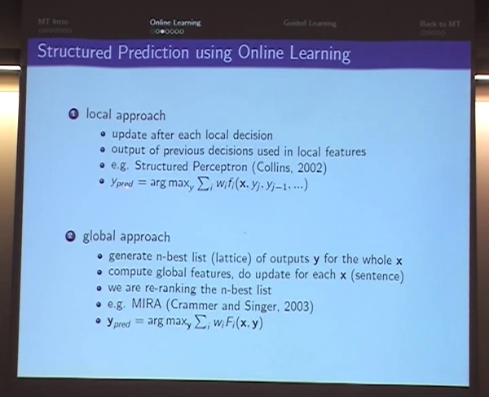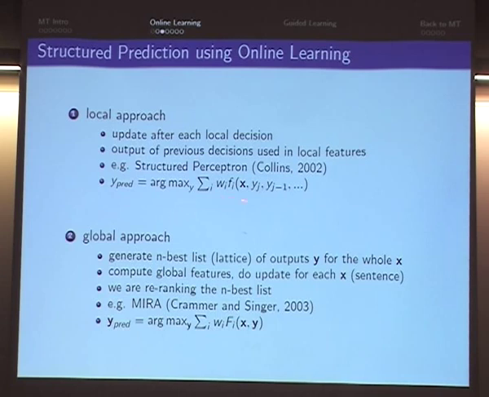And the prediction is just a score. This is the score of the local features, but here, for example, in the structured perceptron, we look at the previous tag.